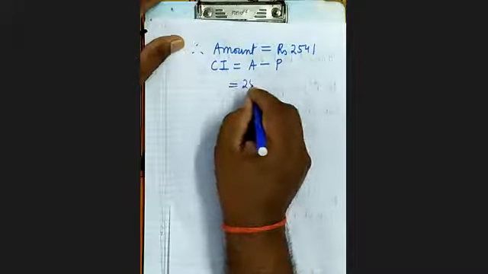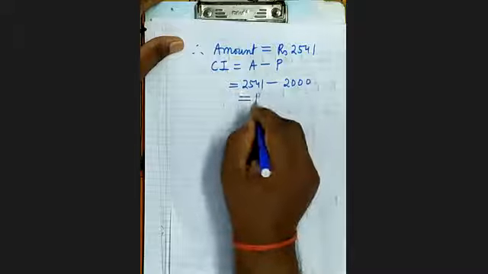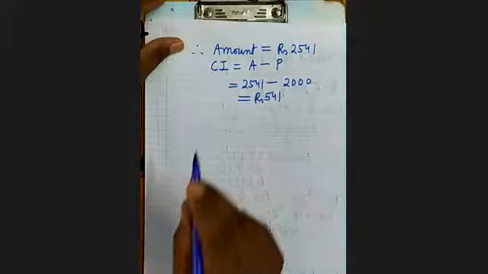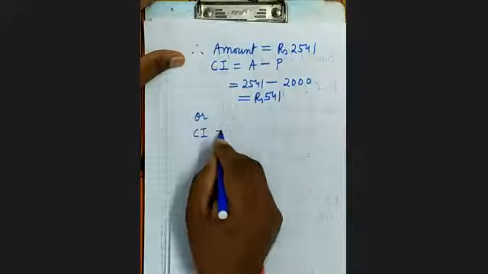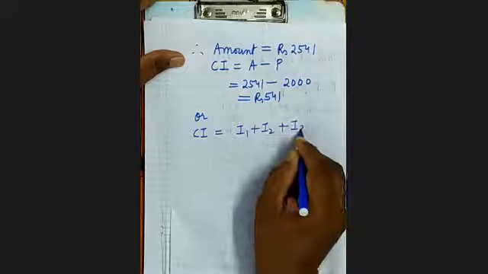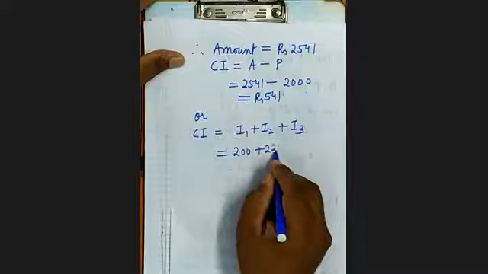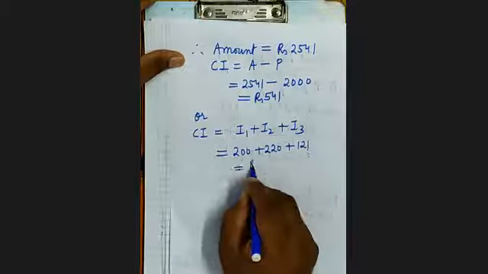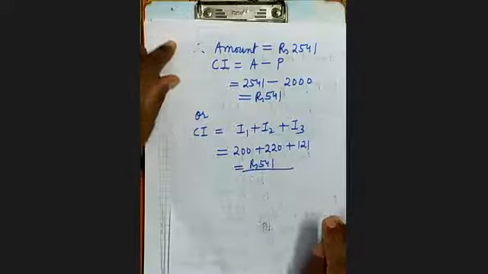This is equal to 2541 minus 2000, rupees 541. Now CI we can calculate by another way also. CI equals to I1 plus I2 plus I3. What is I1? 200. I2 is 220 and I3 is 121. So rupees 541. This part is clear?